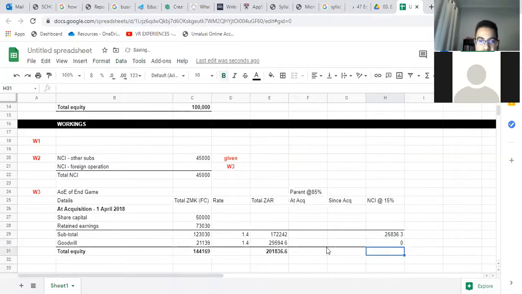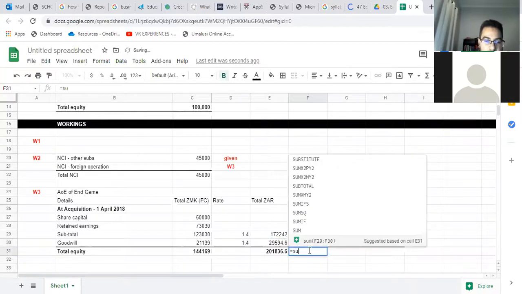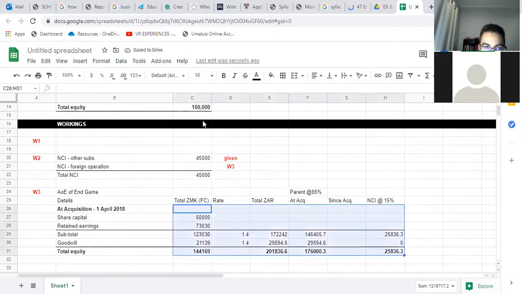And then at acquisition, they will get that times we get 85%, and we get the full goodwill because all the goodwill belongs to us. So if we add this up, that is at acquisition. Okay, so we're happy with that as is.